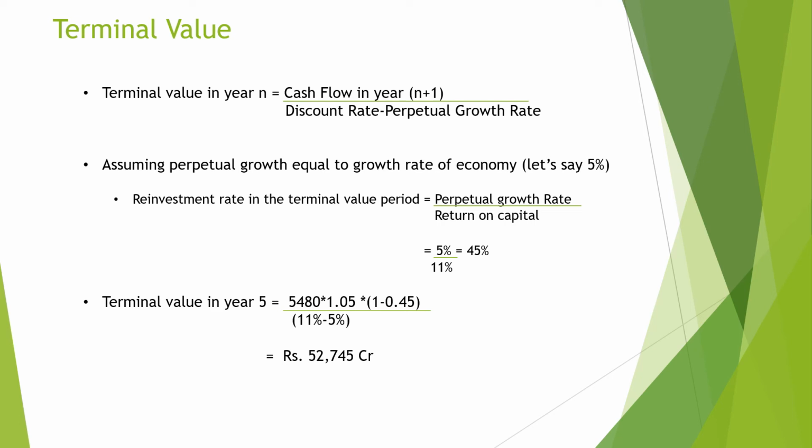So the growth rate has to be toned down. Ideally, we take the growth rate at which the economy is expected to grow, right? So let's say in this case that we foresee the economy growing by 5%. So the perpetual growth rate in this case would be 5%.